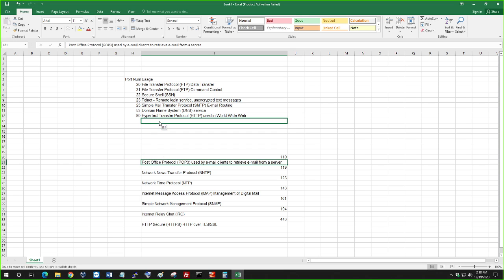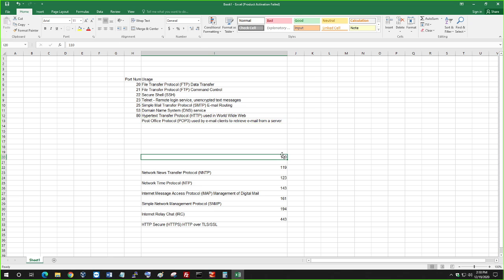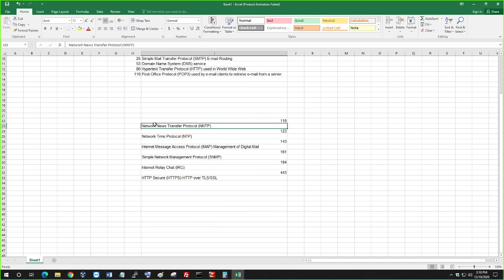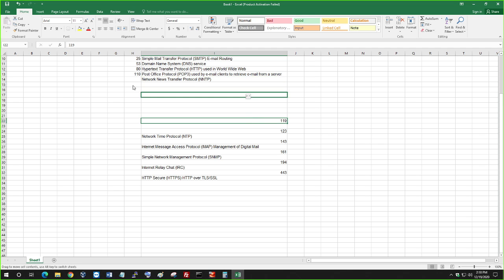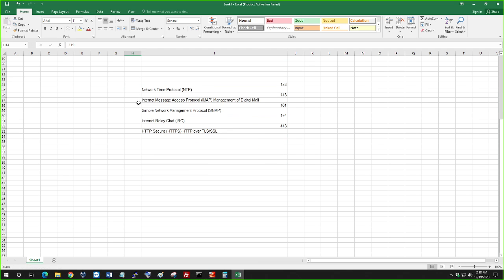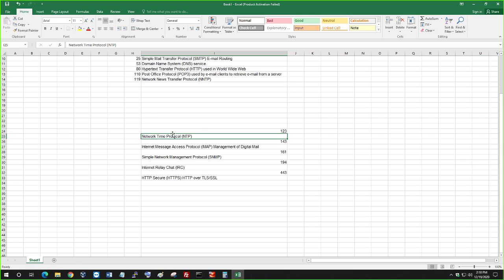And the postfix protocol 110 and 119. Right now, don't worry about this here.